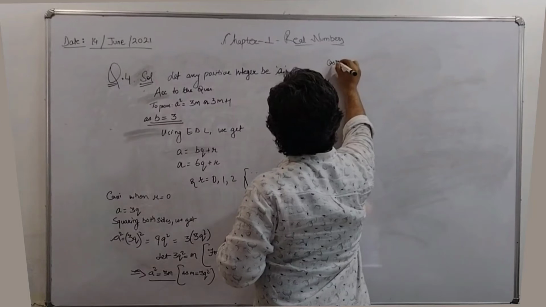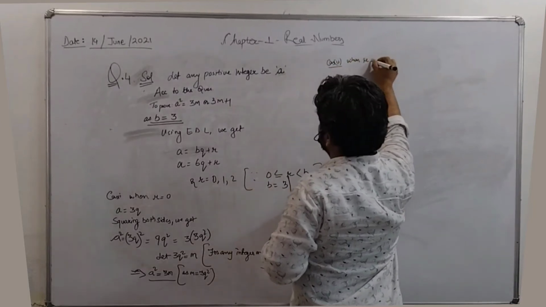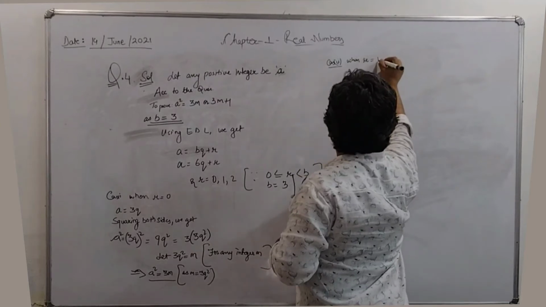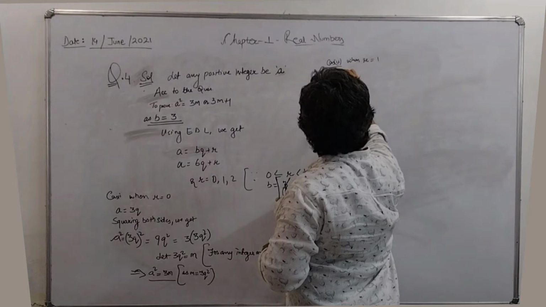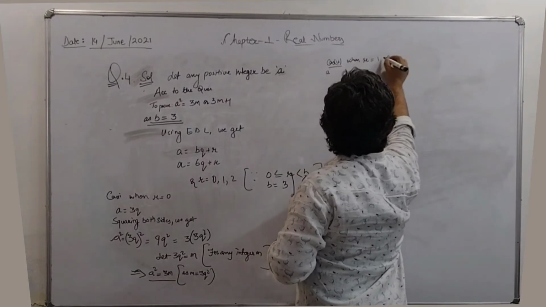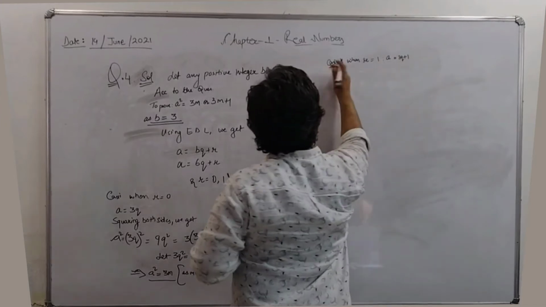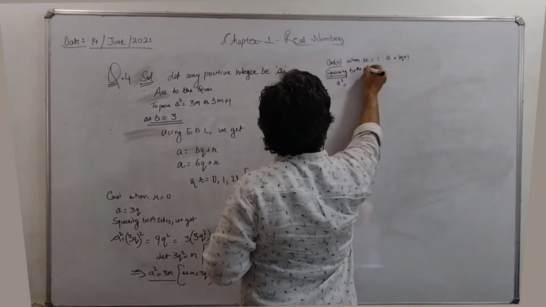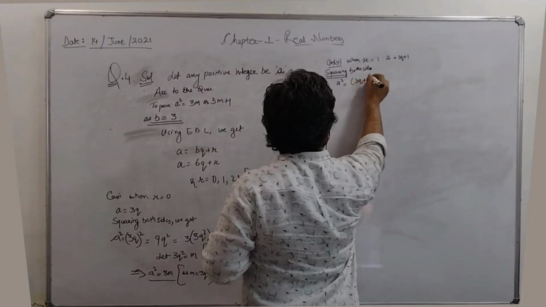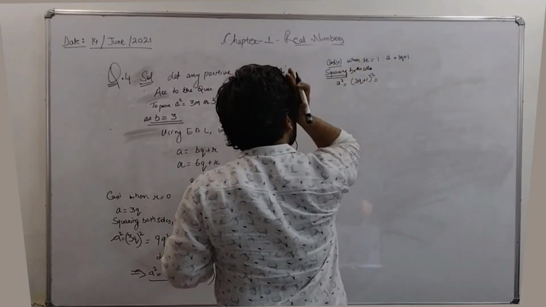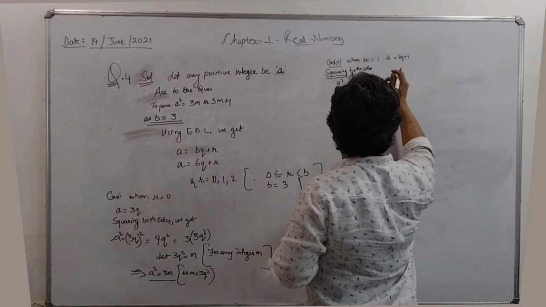Case 2, when r is equals to 1, so we have a is equals to 3q plus 1. Squaring both sides, please write, a square is equals to 3q plus 1 whole square. Now you must have studied the formula last year for x plus y whole square or a plus b whole square.